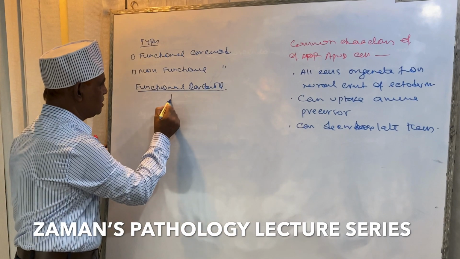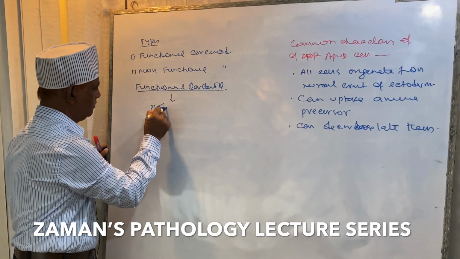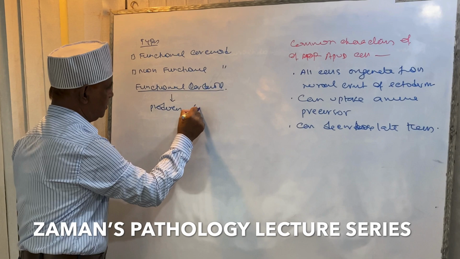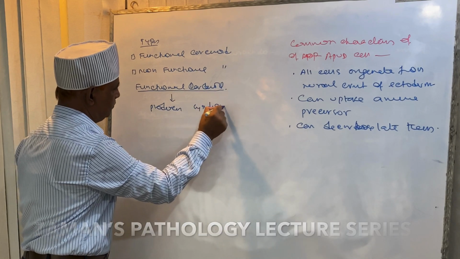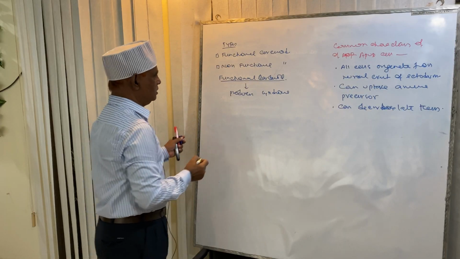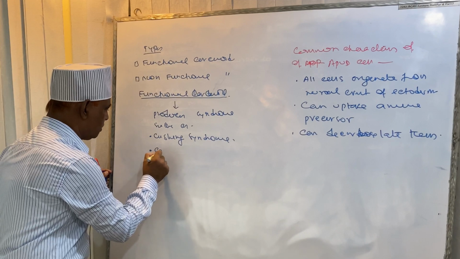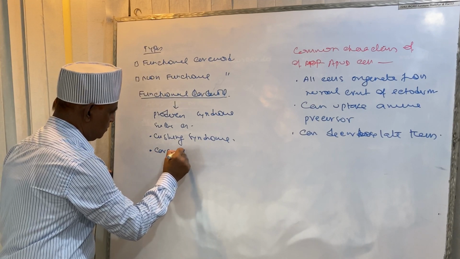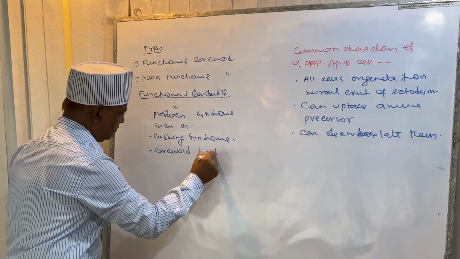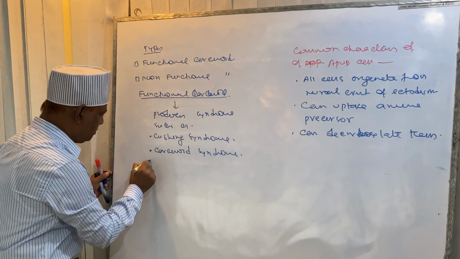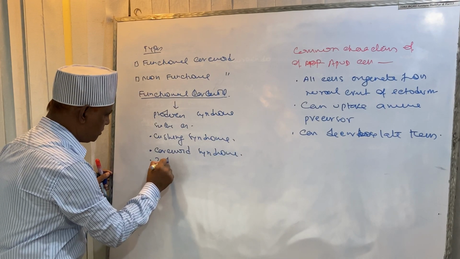The carcinoid that produces syndrome is called functional carcinoid. So, functional carcinoid produces syndrome, such as carcinoid syndrome. Another syndrome is Zollinger-Ellison syndrome.